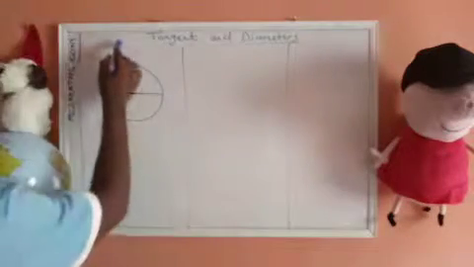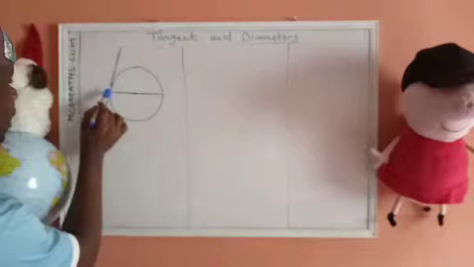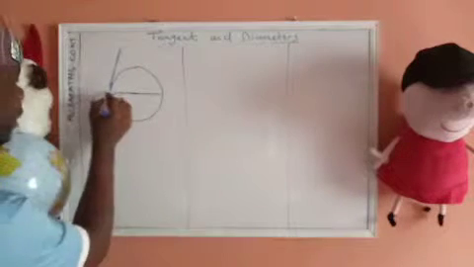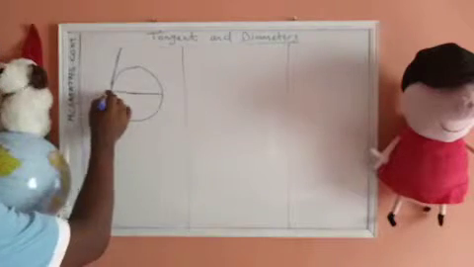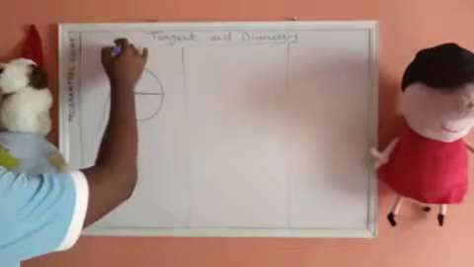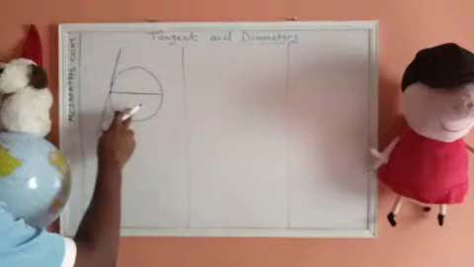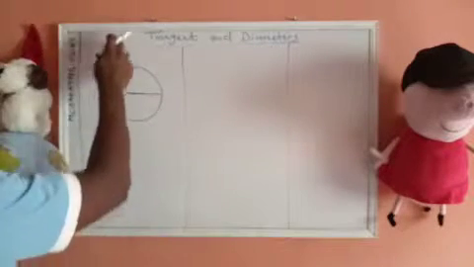So look at this line. The tangent touches this circle at this point, right? As it touches the circle at just one point, it doesn't cut it. So this is called the tangent to this circle. So the tangent to this circle is this line.